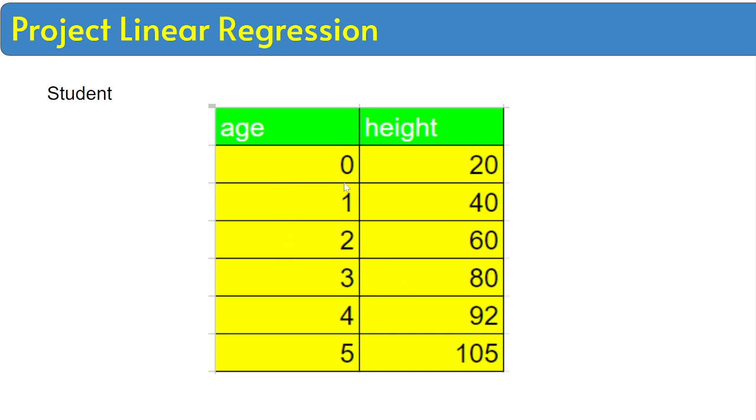If the age is 0, height may be 20 centimeters. If the age is 1, then height I might take 40 centimeters. If the age is 2 years, I can take the height as 60 centimeters and so on. So this data set I am going to use in a machine learning project. So how to use it? Let's move to our Colab.